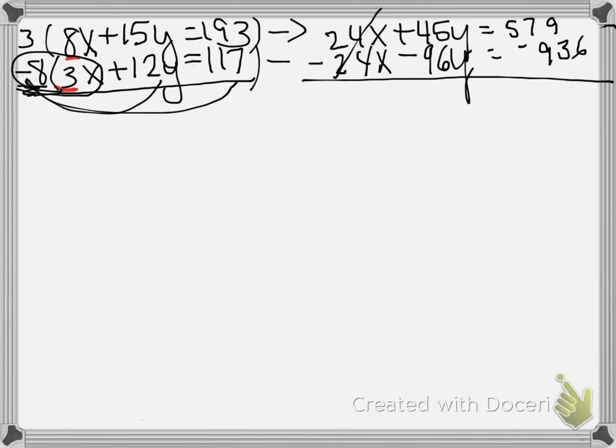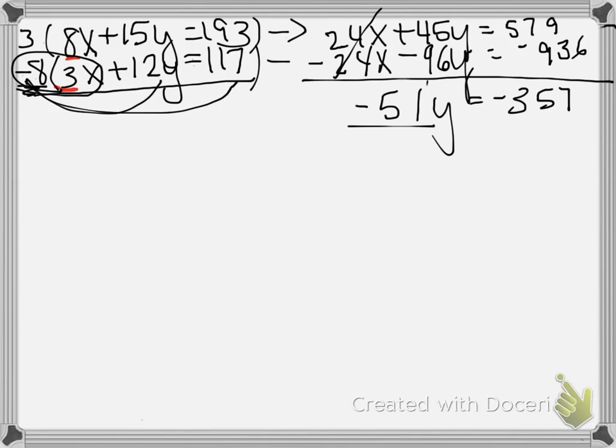Anyway, so 45y minus 96y is negative 51y. Let me write that again. Negative 51y. And that's going to equal 579 minus 936, which would be a negative 357.